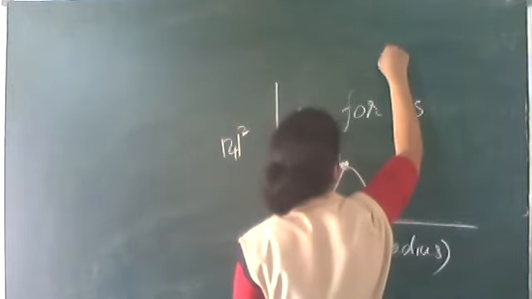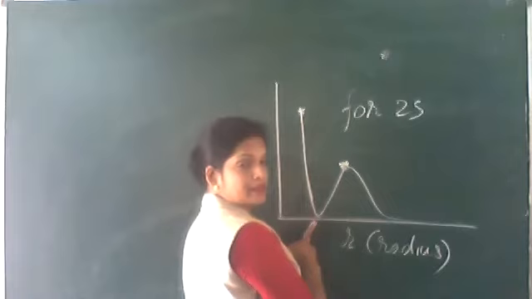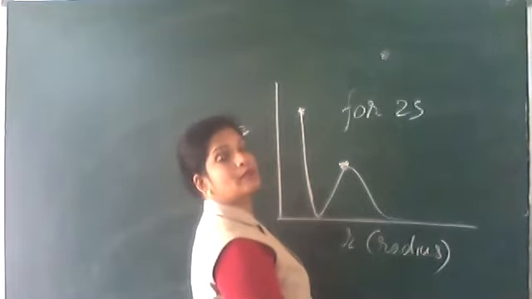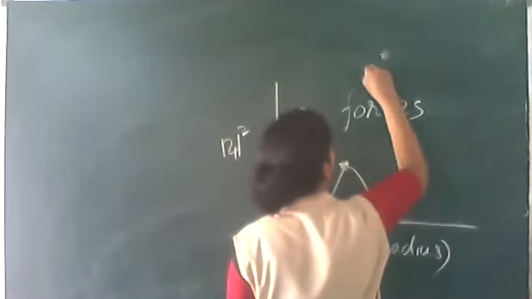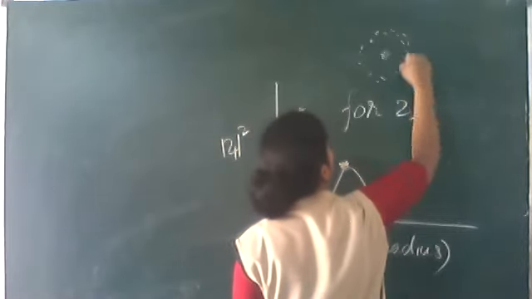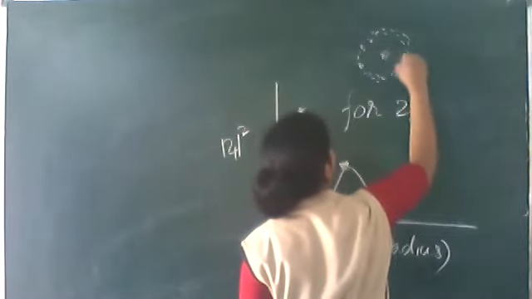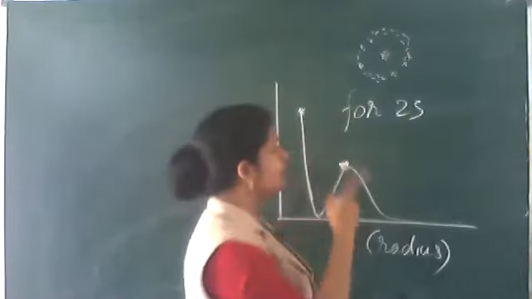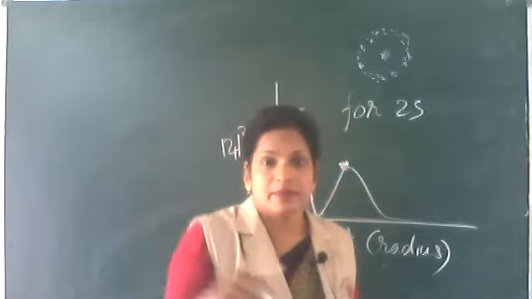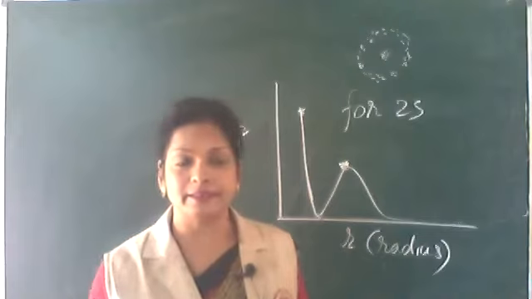This is for 1s, and after that it comes to a minimum. There is no probability density. And again you are moving, and the next probability density you get. So that is for 2s. So between 1s and 2s, there is no probability density. At this point, there is no probability density.